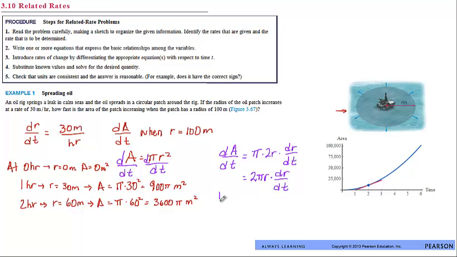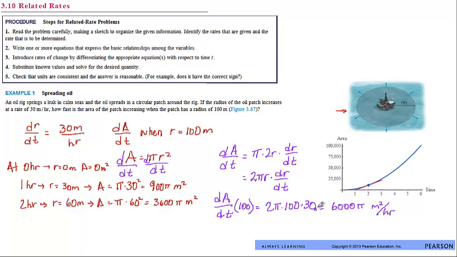Okay, so if I want to know this when the radius is 100, just plug it in. 2 pi times 100 times, and the radius is changing at a rate of 30. This is going to be, when you crunch the numbers, 6,000 pi meters squared per hour.